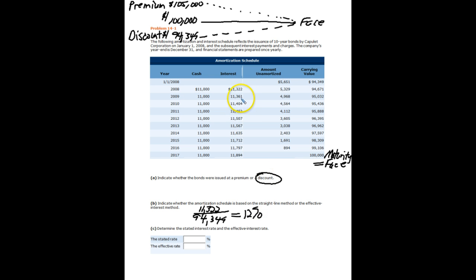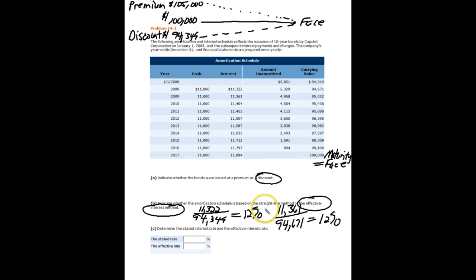And likewise, the following year, this $11,361, that was interest based on a carrying value of $94,671. And there again, we'll see 12%. So that's using the effective interest method. And by the way, that's the only method I have gone over in this chapter. I really didn't hit the straight line method because with Excel these days, there's really no need for a company to use the straight line method.